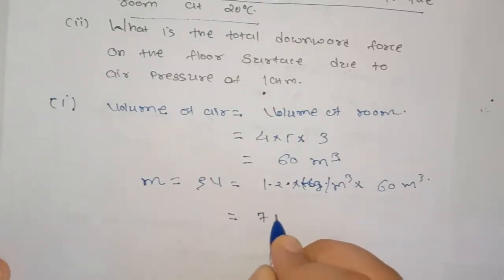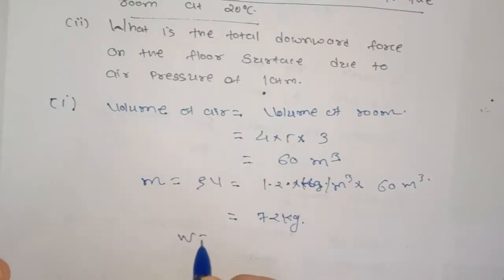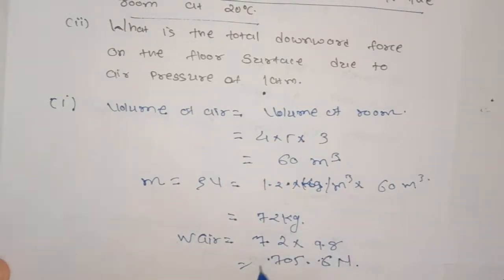So the mass will be 72 kg. Weight of air will be equal to 72 into 9.8, that is mg. That will be equal to approximately 705.6 Newton. This will be the weight of air inside the room.